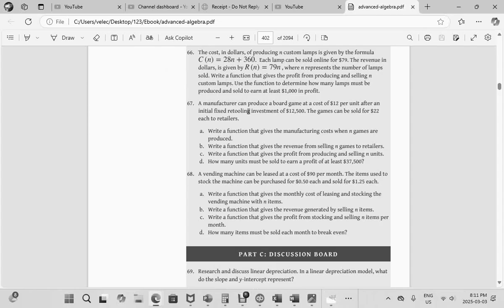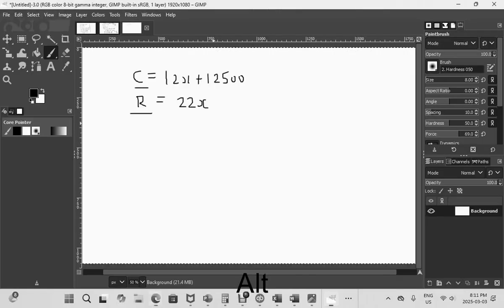Next question: write a function that gives the profit from producing and selling x units. We know that your gross profit, GP, will be R minus C, or profit equals R minus C. So gross profit equals revenue minus cost.